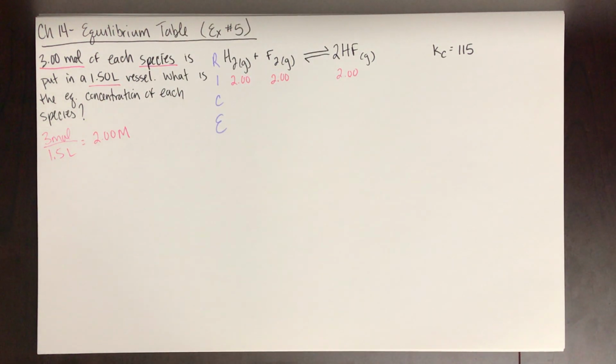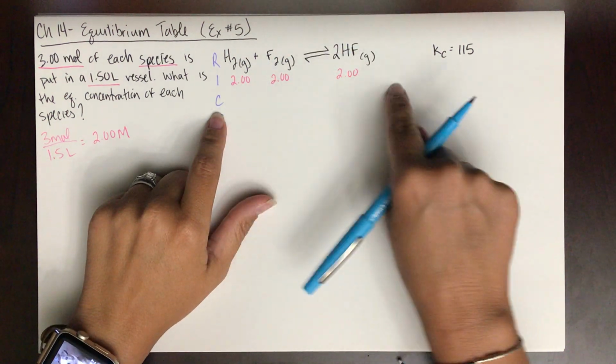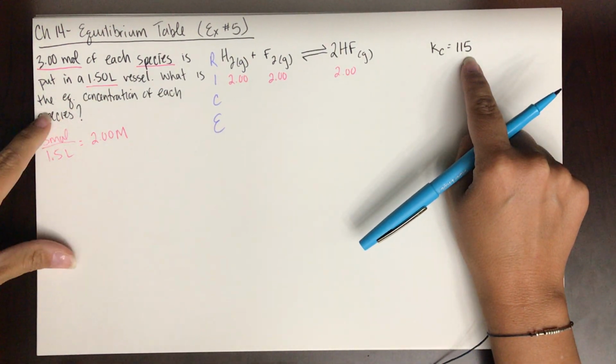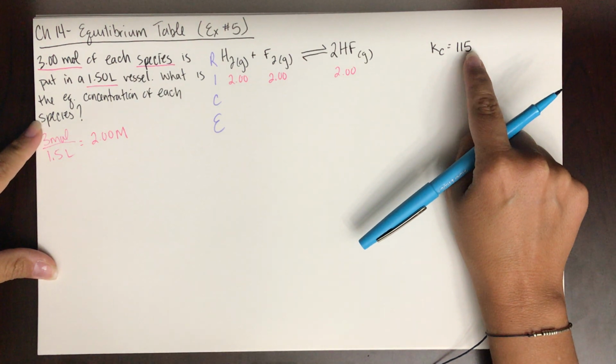Okay, so now I'm just going to fill in the rest of the equilibrium table. These are the initial concentrations. This is the Kc, so I want to know what are the equilibrium concentrations of each species.